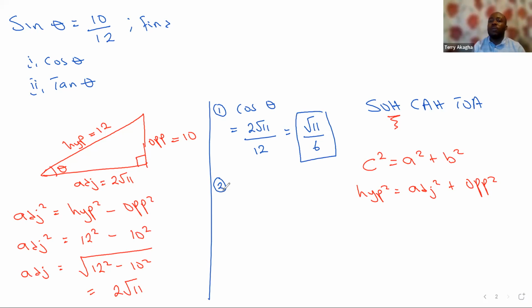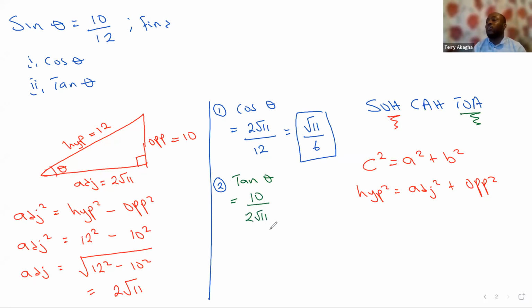Now for the second one, the reason why I wanted to solve it is just to remind us of the concept of surds and conjugation as well. So tan theta is going to be equal to opposite over adjacent. The opposite is 10 over the adjacent, which is 2 root 11.